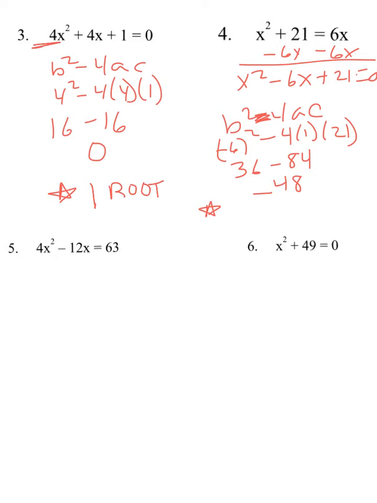Second one here, number 4, turns out to be a negative, so that's going to be the case of the last one. These are 2 imaginary or 2 complex roots. I'm not asking you for the actual answer, I'm just asking you how many and of what type. So those are 2 complex roots. That one, number 3, had 1.